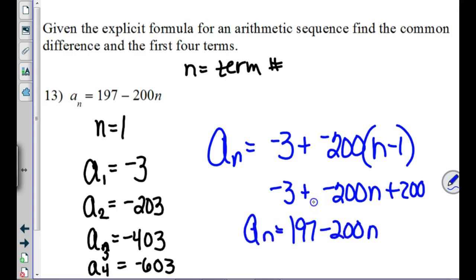Do you see what I'm talking about, guys? It's kind of all hidden in here because they did the algebra, okay? They distributed and combined like terms. But the difference is still what's multiplying by n, so the difference is still here. But we can't tell what the first term is until we put a 1 in. Any question?